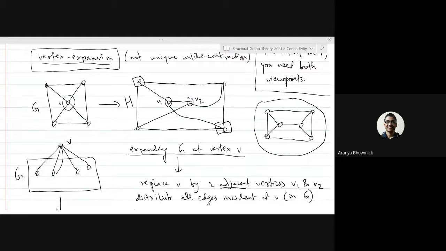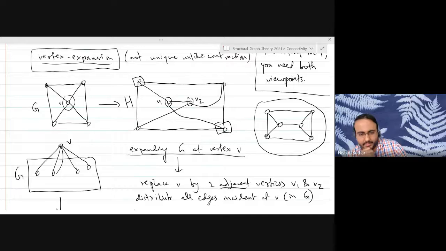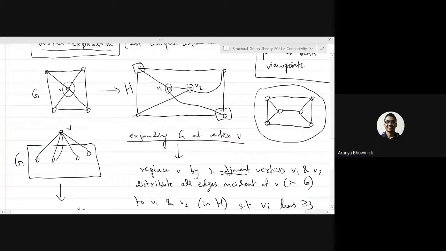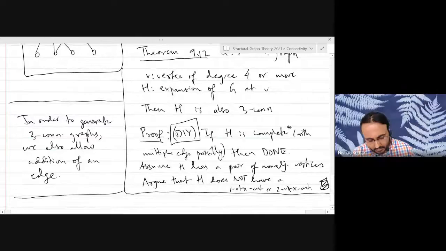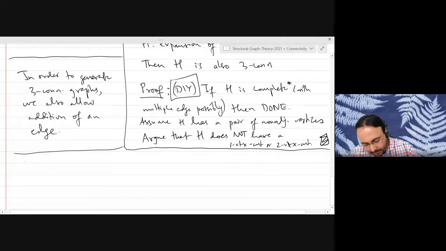Okay, sir, I understood. If every vertex has degree at most 3, then after splitting that particular vertex, its endpoints will have degree strictly less than 3. Right, exactly. So that graph cannot be 3 connected. Okay, so every vertex must have degree at least 4? Well, there has to be some vertex whose degree is at least 4.